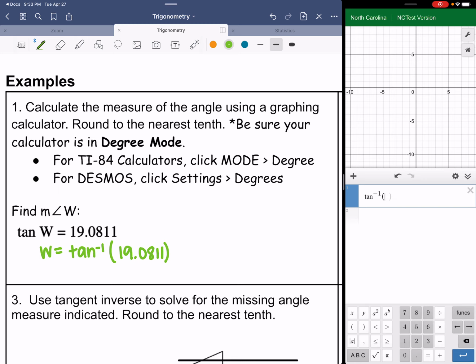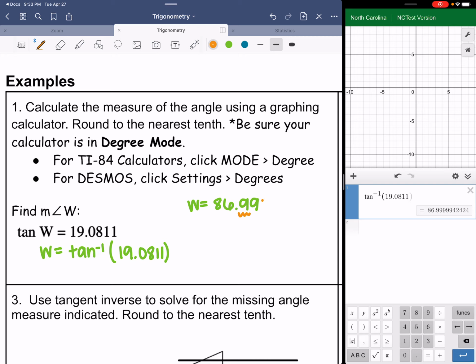So we'll use functions, tangent inverse of 19.0811, giving us the angle W equaling 86.99. Now I've started with rounding to 2 decimal places because we want to round to the nearest tenth, meaning 1 decimal place.